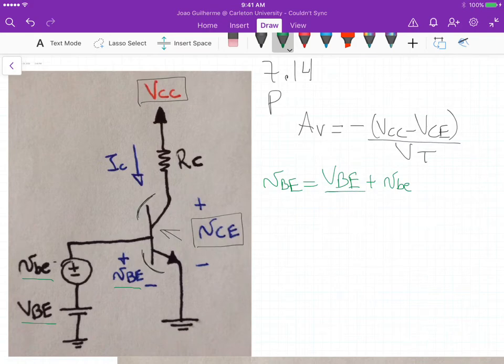So this is the voltage that we use to bias this PN junction at the base-emitter, and small v, small b, e is the input signal that we have.